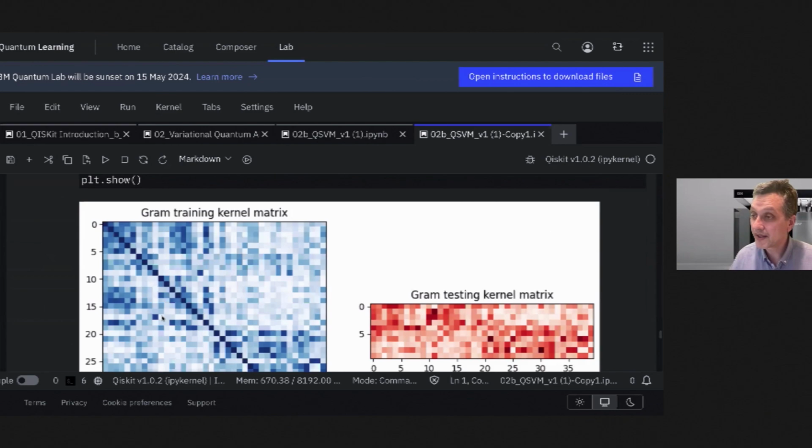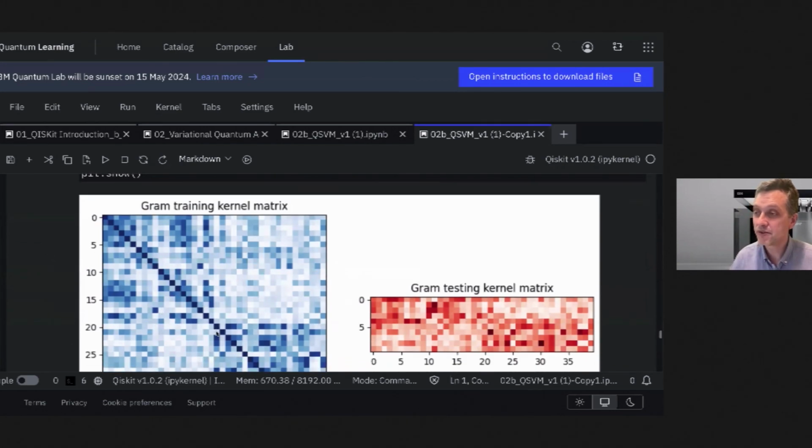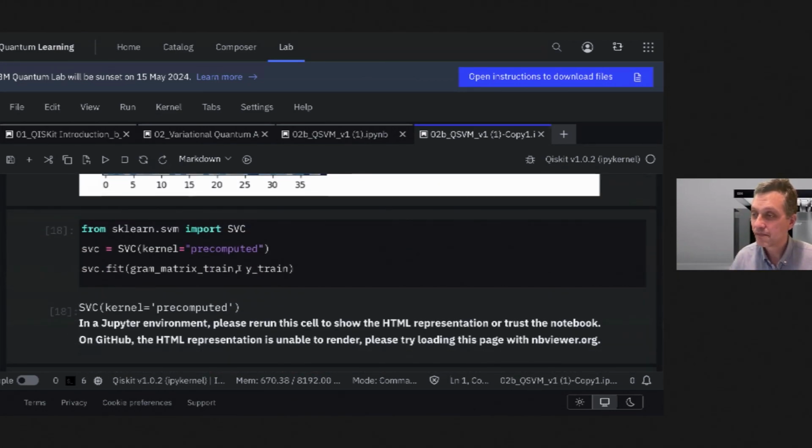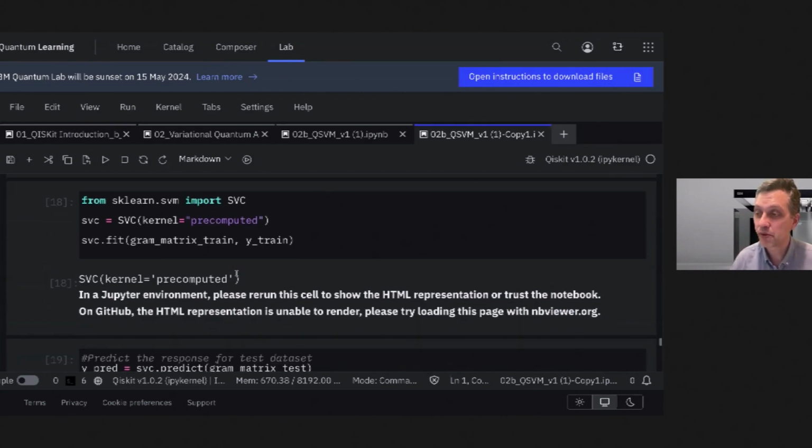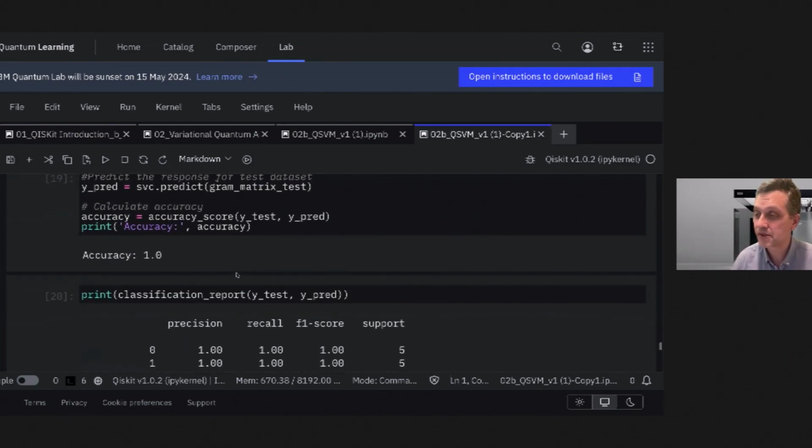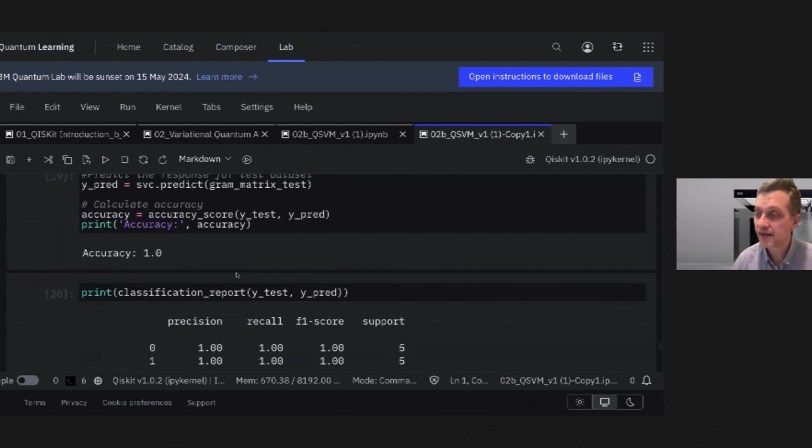So we can get the matrix of the kernel using the quantum computer, provide this as a precomputed kernel for a classical support vector machine, and we can get a classification using this quantum kernel that can get some advantage in complex data for machine learning.